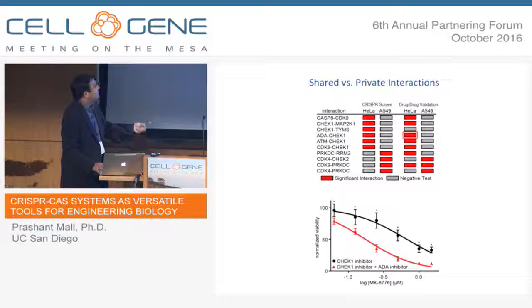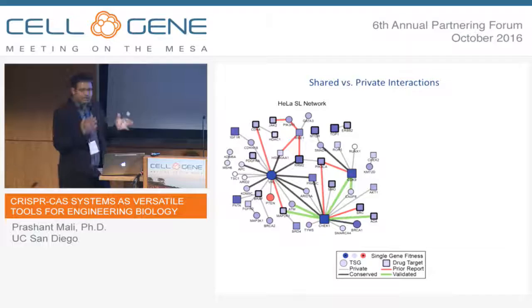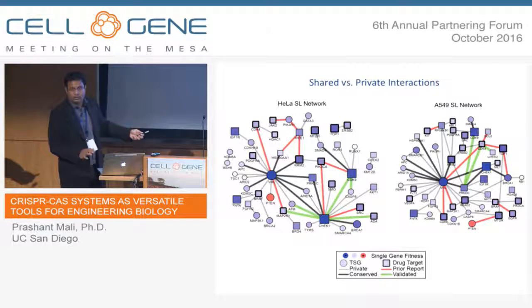For instance, here is an example of one such validation that we did, where in the presence of the CHEK1 inhibitor and the ADA inhibitor, you have a significant loss of fitness in the cell types. One can then start to look at the interaction networks specific just to HeLa and specific just to A549s.